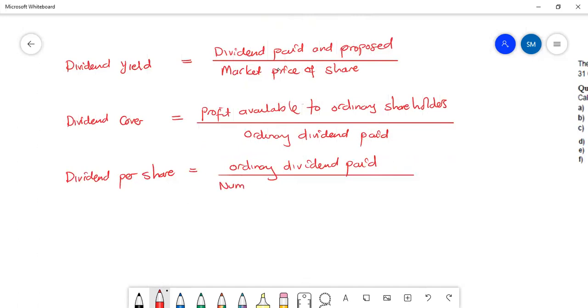Divided by a number of issued ordinary shares. So usually these are the ratios that you will most likely be focusing on for stock exchange ratios or investment ratios.